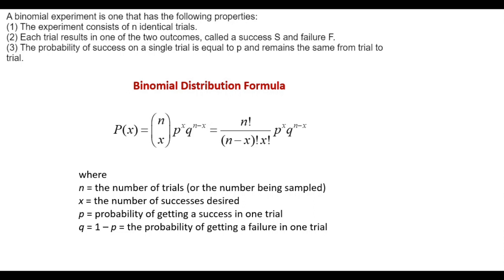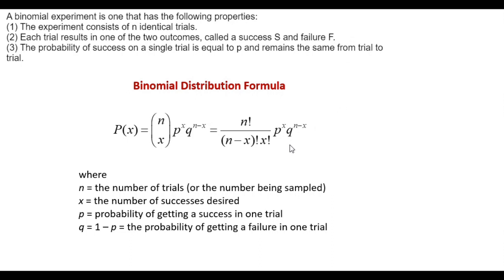And this is the binomial distribution formula, that is P of x equals n factorial divided by (n minus x) factorial times x factorial, times p to the power x times q to the power n minus x. Here n is the number of trials, x is the number of successes desired, p is the probability of success and q is the probability of failure.